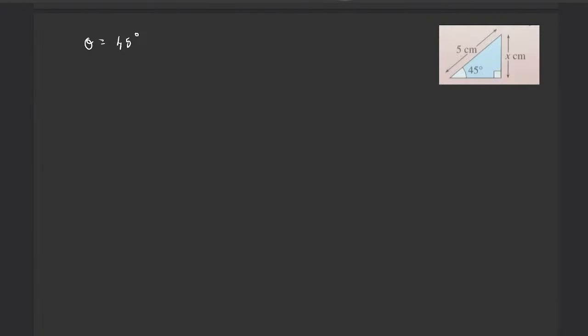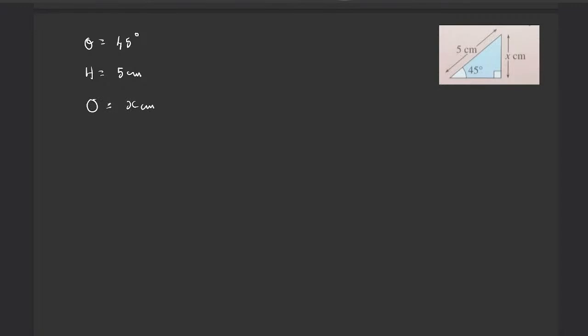So h is equal to 5 cm. We also see that the side opposite the angle here is x cm. So O for our opposite is x cm.